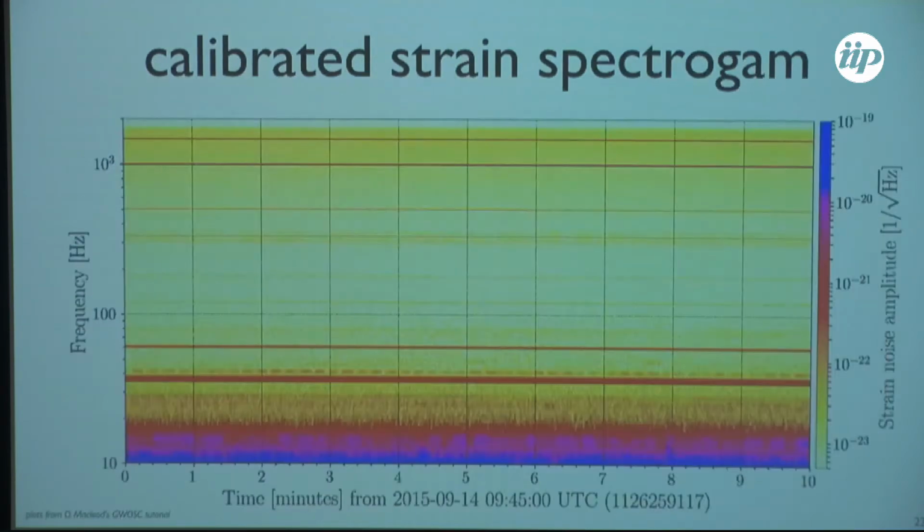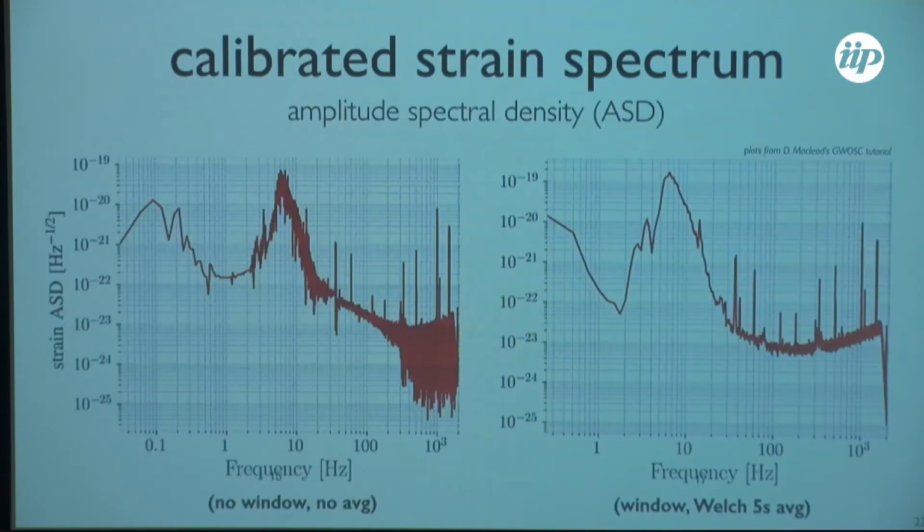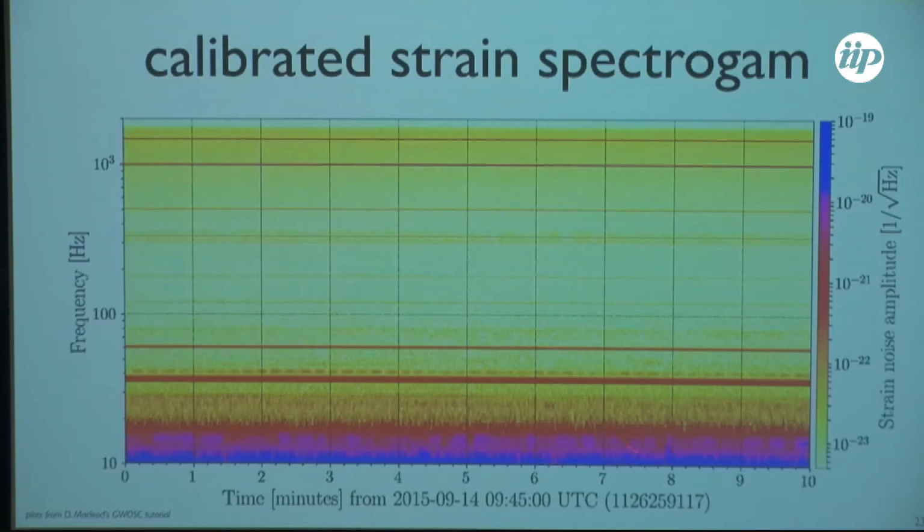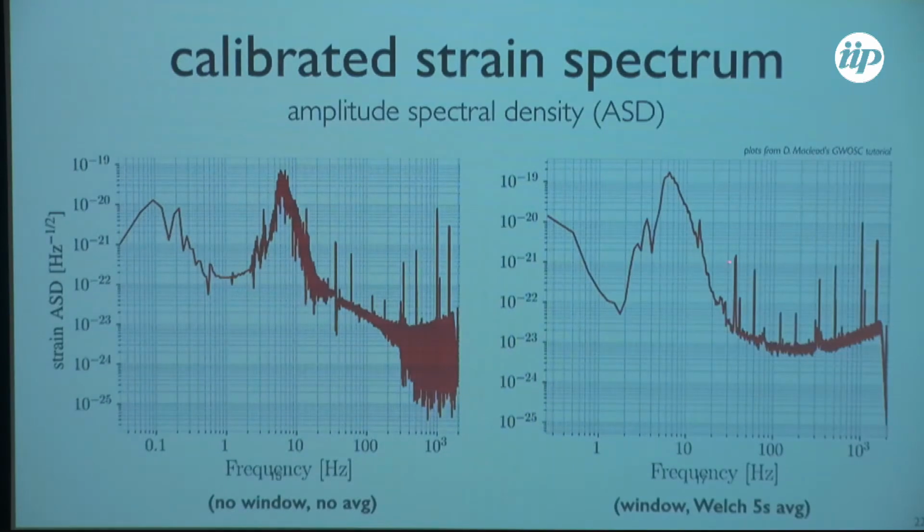It's just a way of representing how the spectrum is changing as a function of time, if it's changing at all. So you'll see the same frequencies here, so there's high noise at low frequencies. Then you have these spectral lines that stay coherent at the same frequency for a long time. That's what these lines are, right?